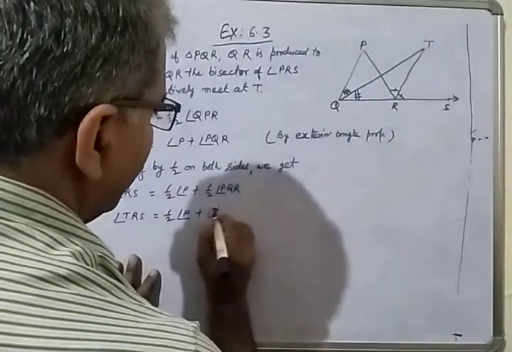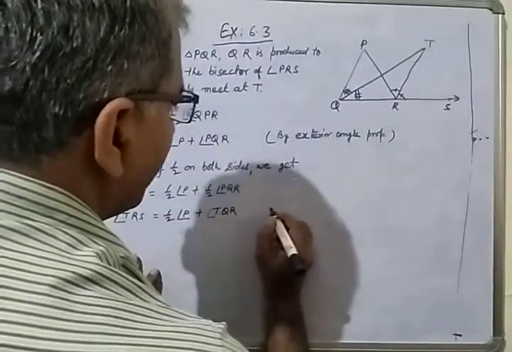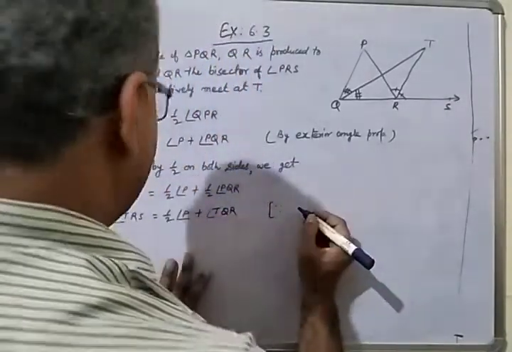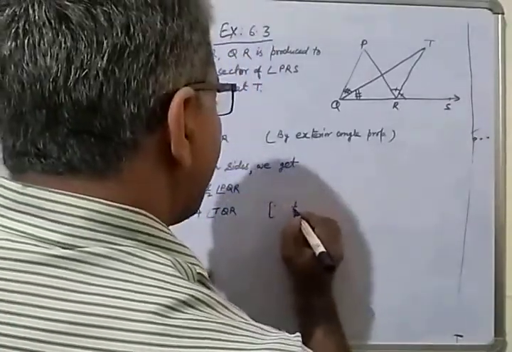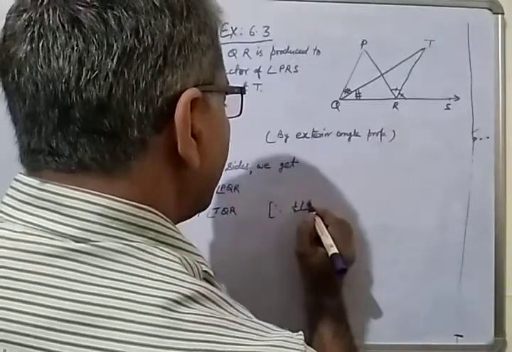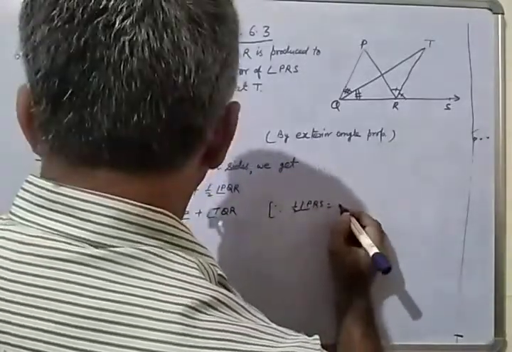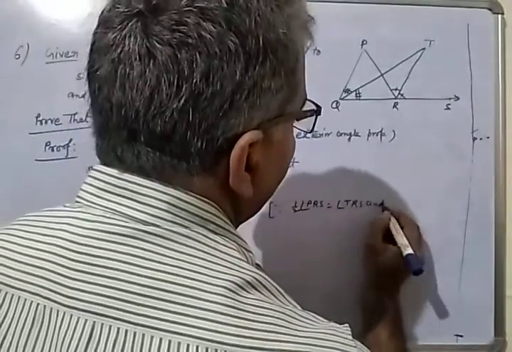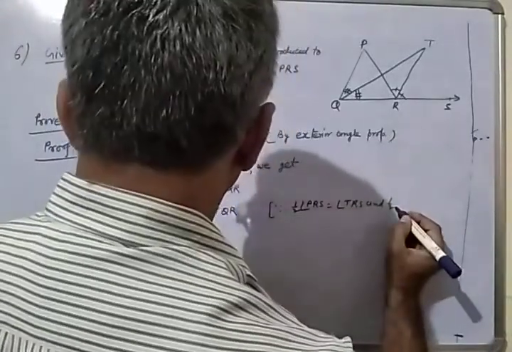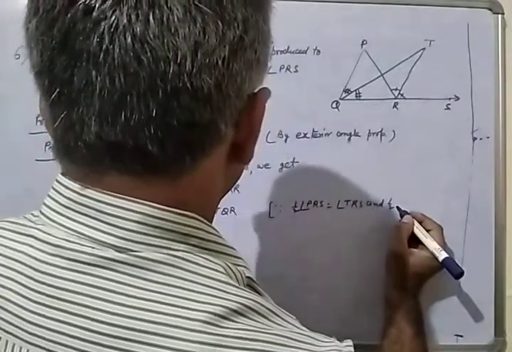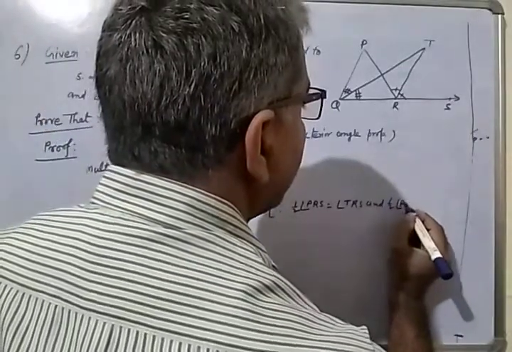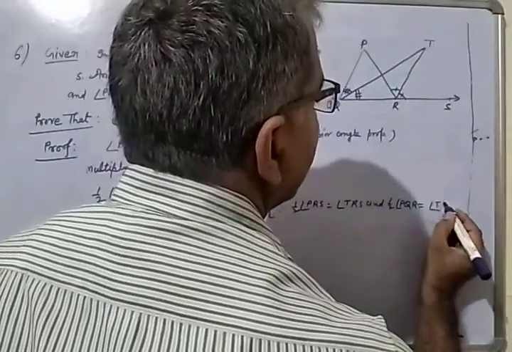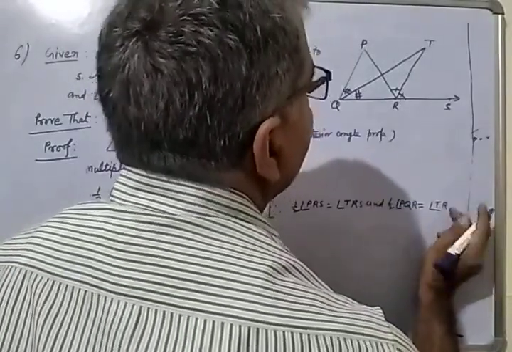angle TQR, because half angle PRS equals angle TRS and half angle PQR equals angle TQR.